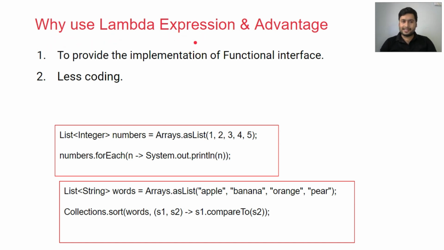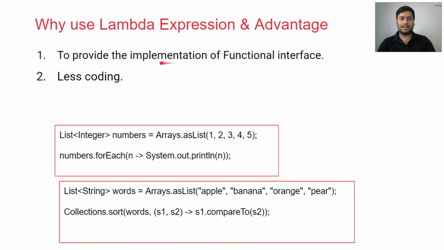So the answer is nothing but to provide the implementation of the functional interface. If you go with the old way that we used previously, you have to write more code. Lambda expressions let you write code in a very concise way, in very short lines. In a single line of code you can implement a particular method. But with the traditional way, we have to create a class, implement the interface, and then provide the body of the methods.